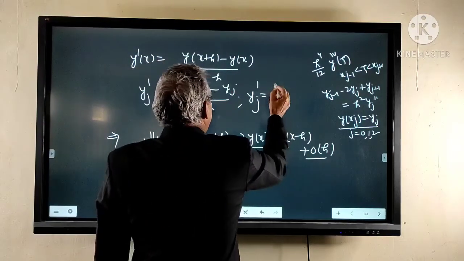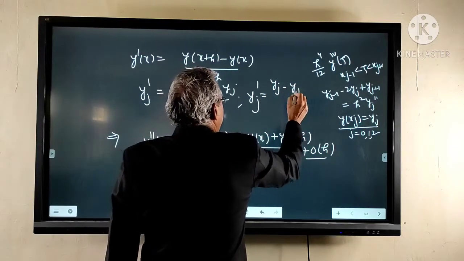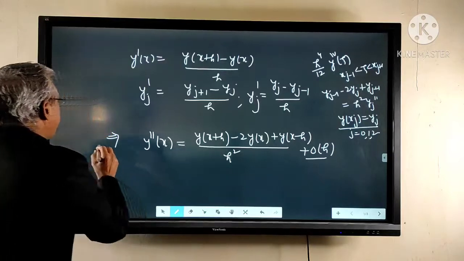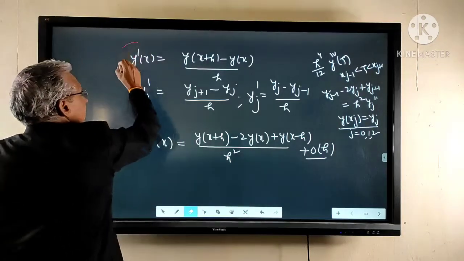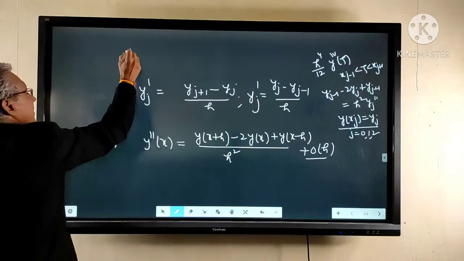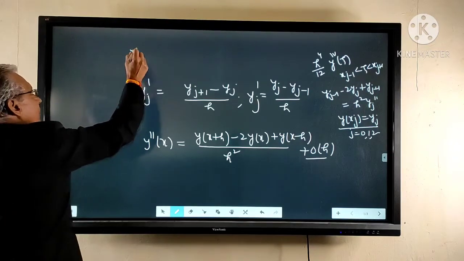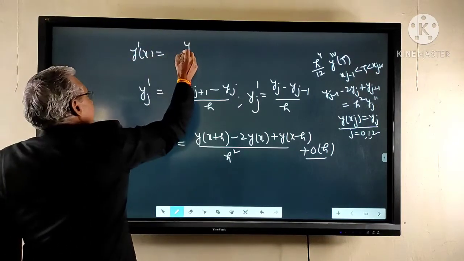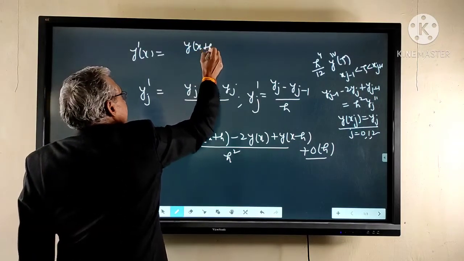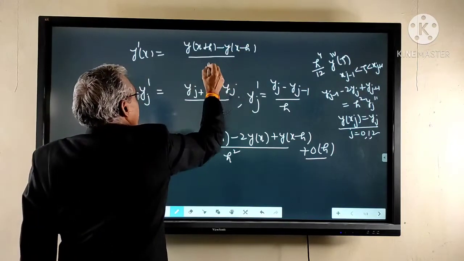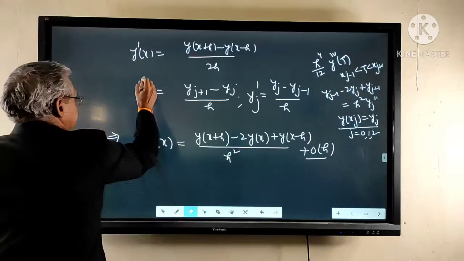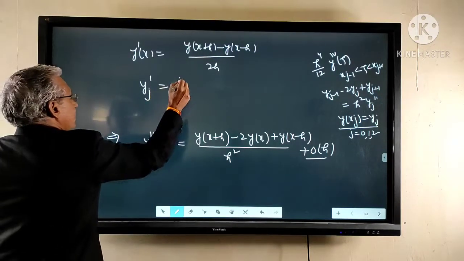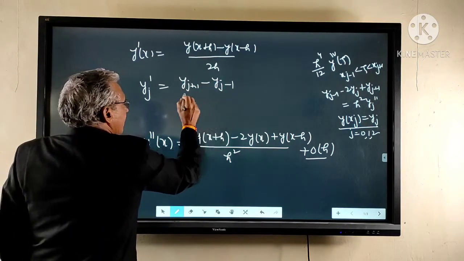Similarly, y_j' = (y_j - y_{j-1})/h, and the third is given by the central difference: y_j' = (y_{j+1} - y_{j-1})/(2h).